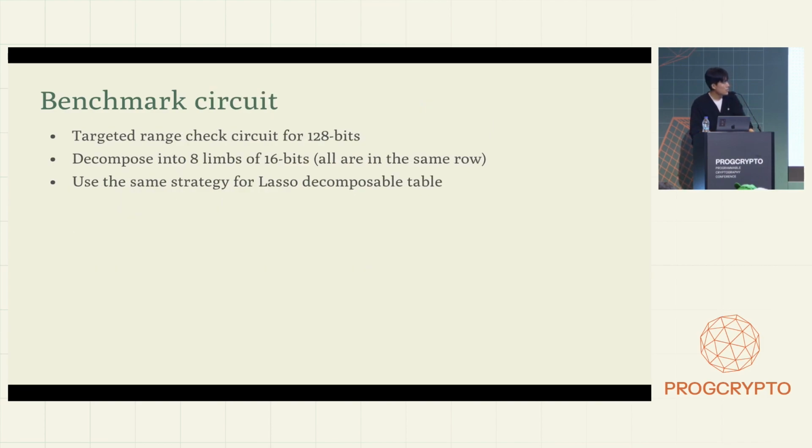I used a circuit for benchmarking that range checks 128-bit elements. The strategy was simple: for all other lookup arguments, they decompose into 8 limbs of 16 bits, all in the same row in order to reduce the effect on proving time. And the Lasso decomposable table also uses the same strategy.